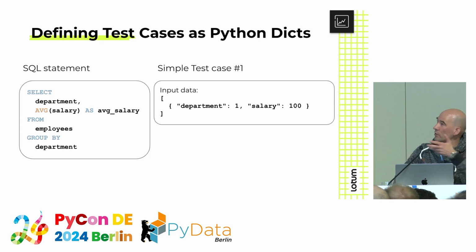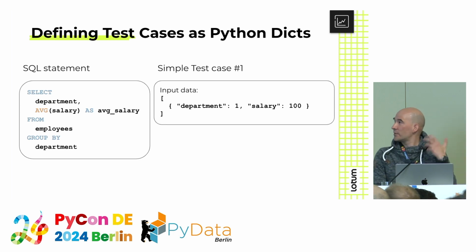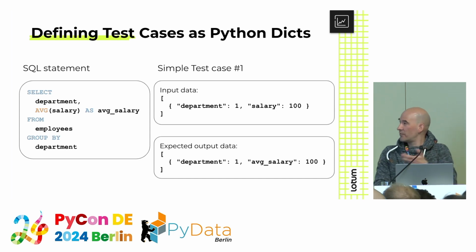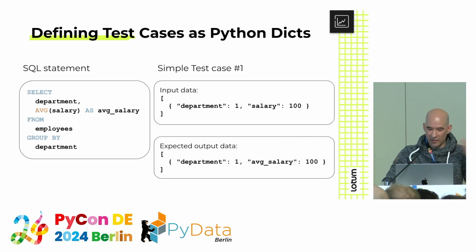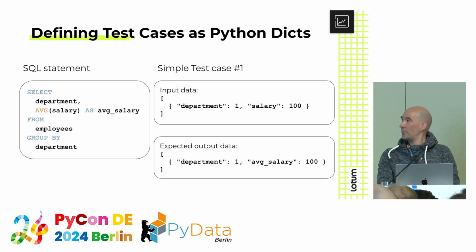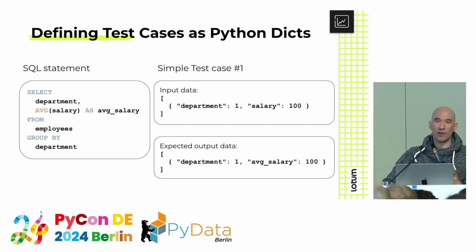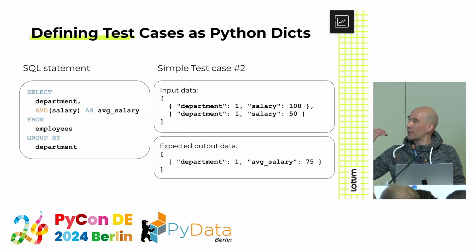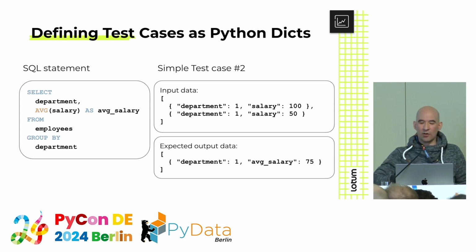I define 1 input row here as a Python dict, where I have department 1, salary 100, and my expected output data would be pretty much the exact same thing, because for 1 row there's not much of an average calculation to do, with department 1, average salary 100. So if we make this a little more complex, to actually test our average calculation, you would need 2 rows, obviously, with employees from the same department but different salaries, and then my expected output would be an average salary of 25.